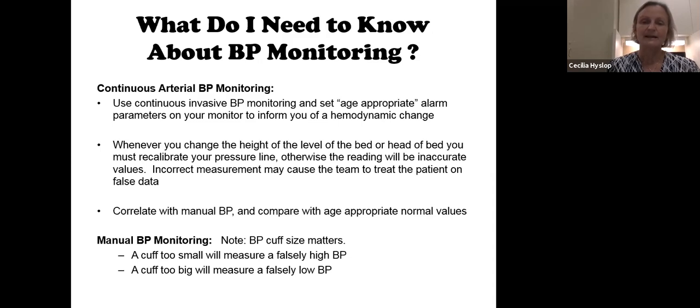And so we need to set age-appropriate alarm limits. We shouldn't set our alarm limits too wide, because then there's going to be a lot of time where the patient is deteriorating before we actually know what's going on.